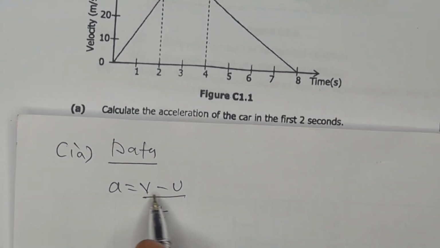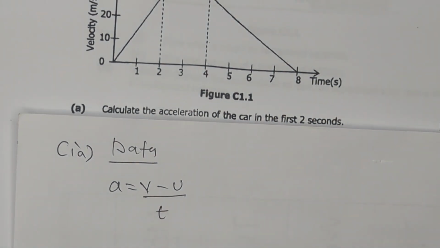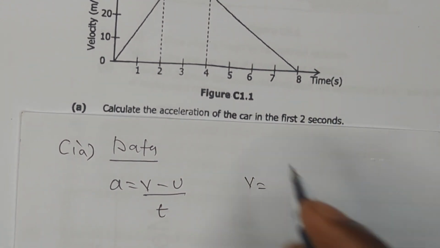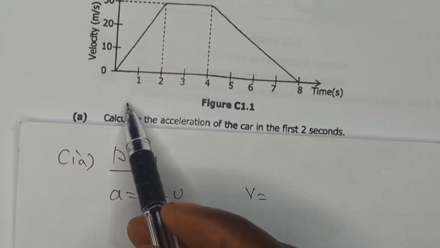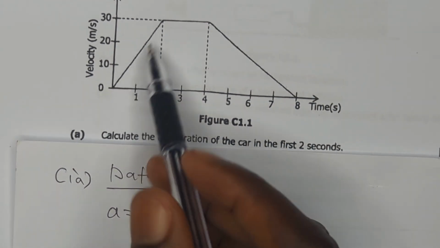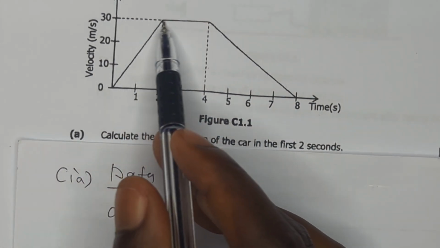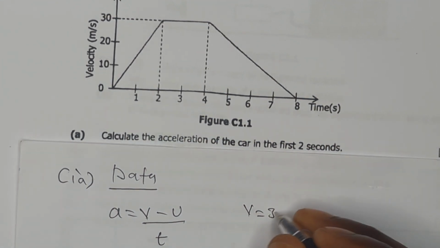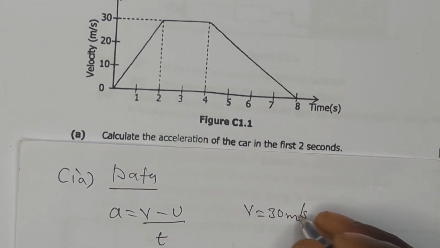This V represents the final velocity, and our final velocity, from this point to that point, is 30. So our final velocity is 30 meter per second.